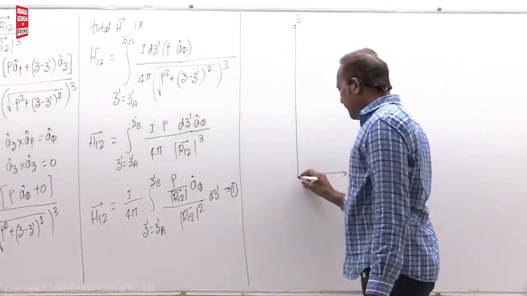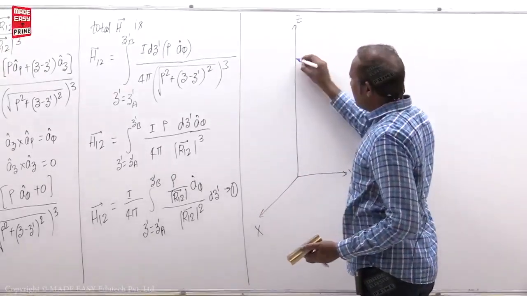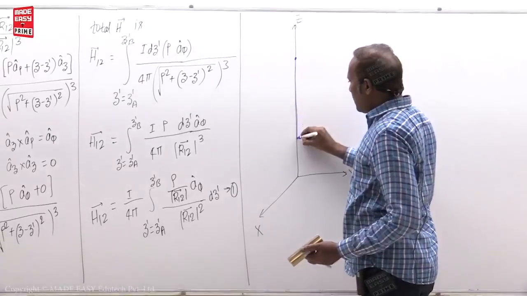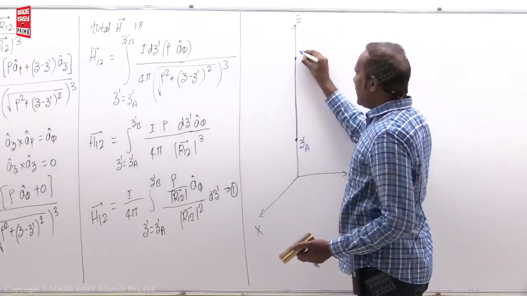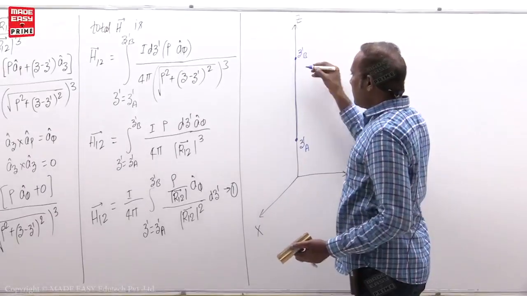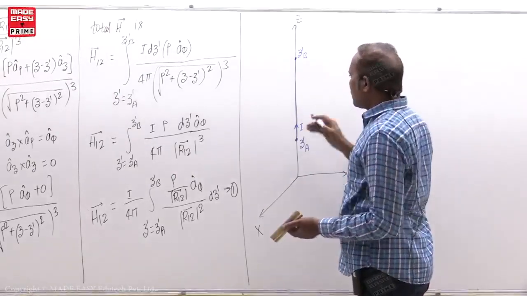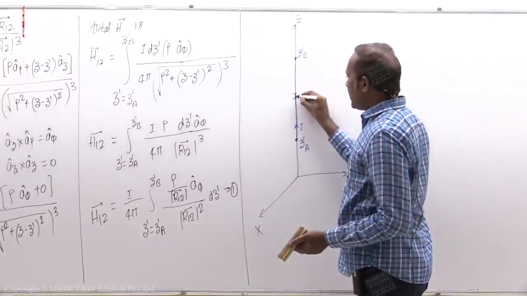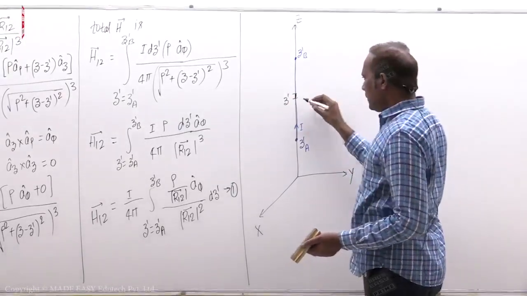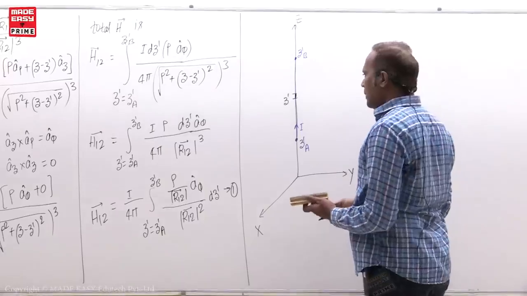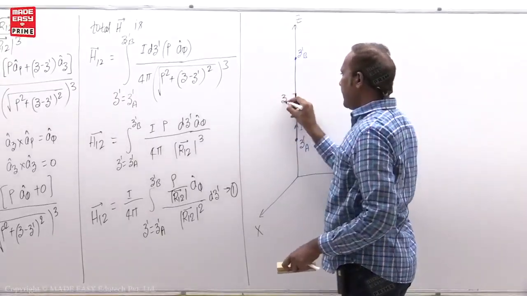Now this is y, this is x, and here from z dash A height to z dash B height, that current was going, I current. You have selected dz dash at z dash height actually. So this is at z dash height.